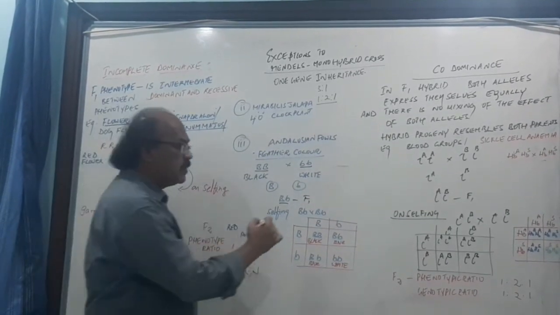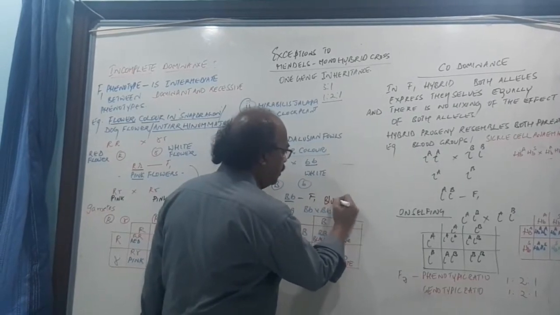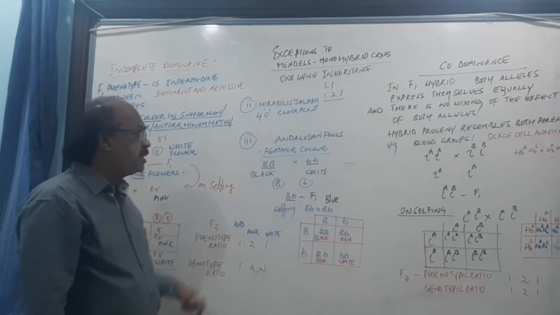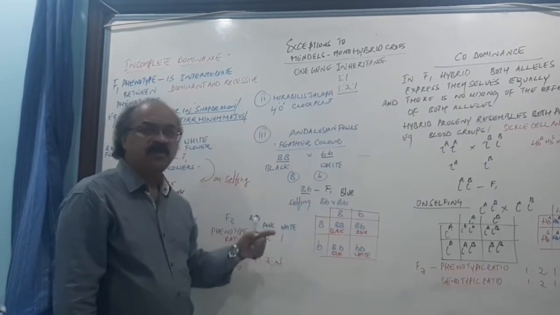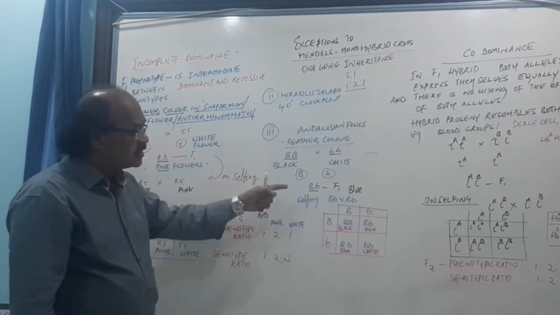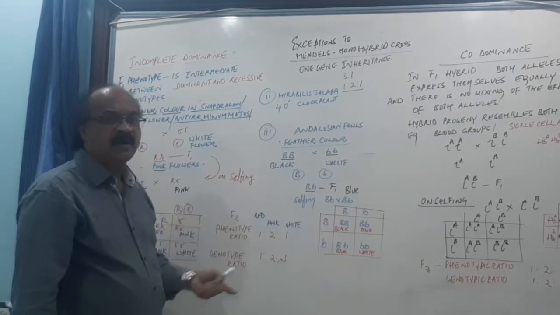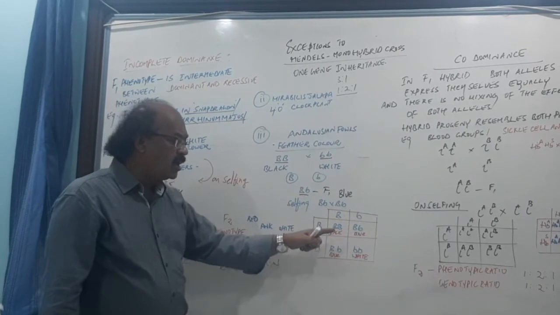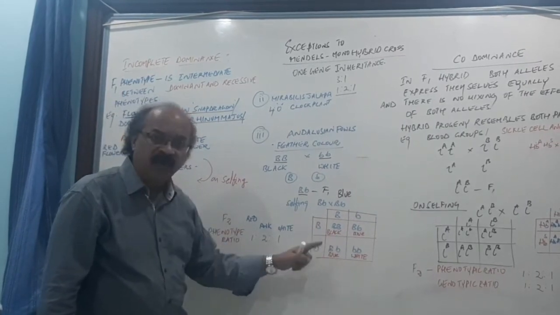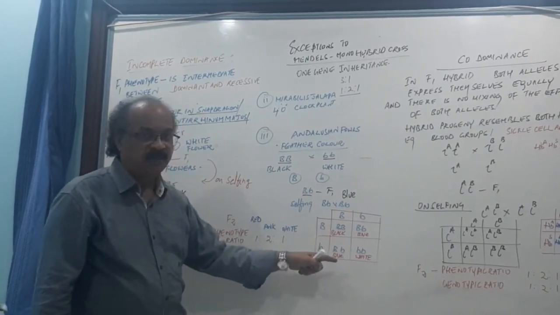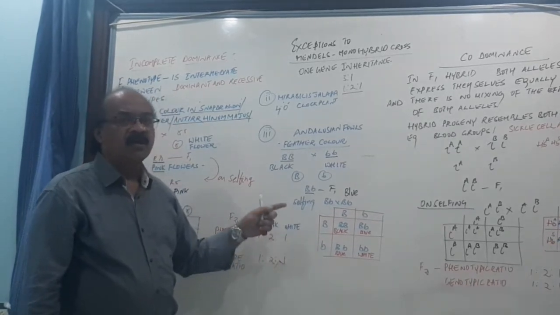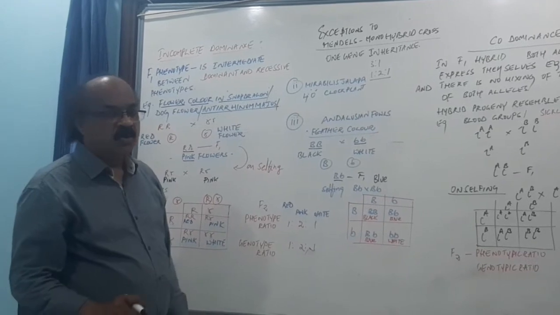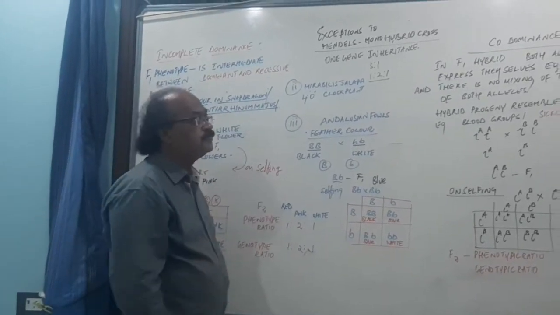Capital B, small b, blue. So it is not black, it is not white, in between you got blue. That is incomplete dominance. On selfing, you got black, blue, white in 1:2:1. The phenotypic ratio and the genotypic ratio here in the F2 are 1:2:1.